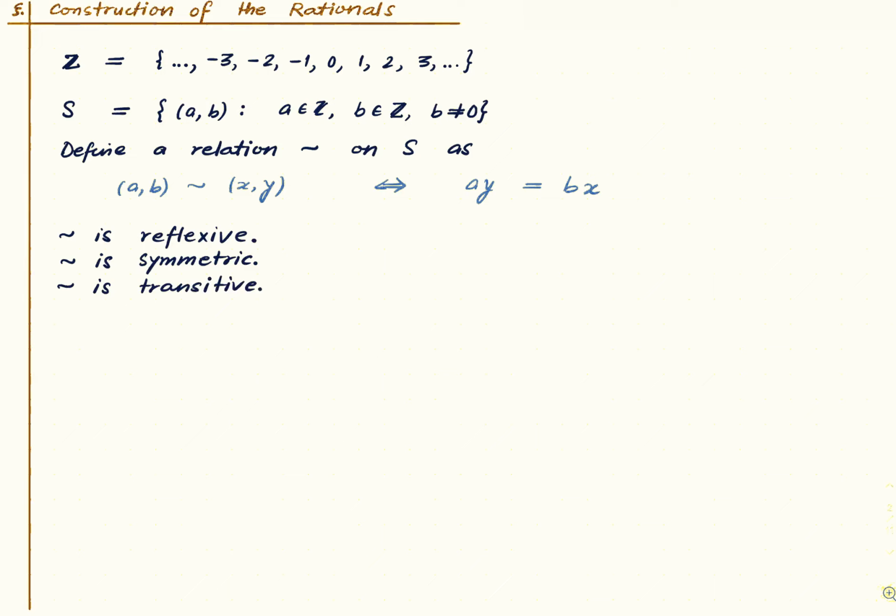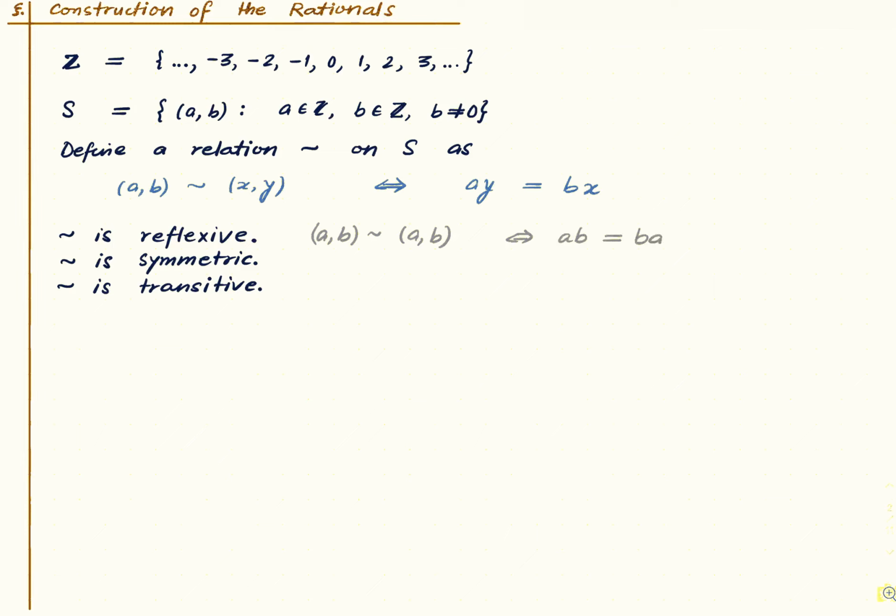So if you know about equivalence relations, which I assume you do, you would face no trouble checking all this. But let me write one line about each of them. Reflexivity asks you to check that (a, b) tilde (a, b) for all (a, b) in S. But this is of course equivalent to checking ab equals ab, or ba if you want to write it that way, but of course that is true.